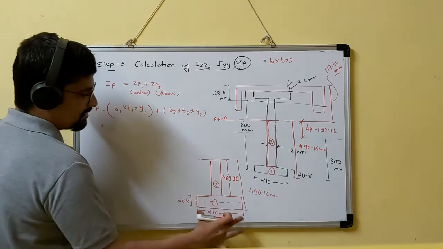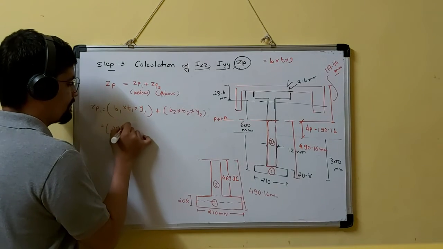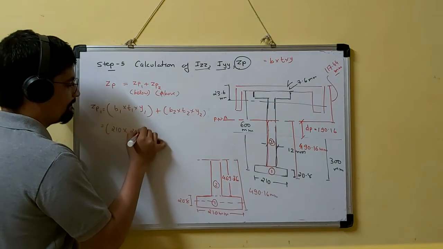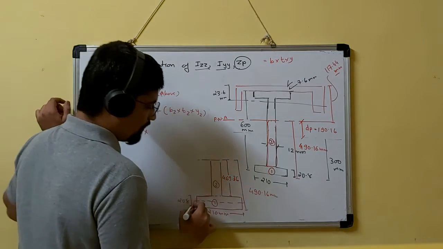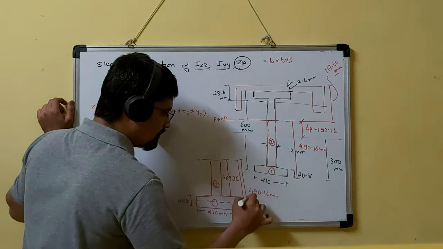B1 is the width, which is 210, into the thickness, which is 20.8, into Y1. Y1 will be from the CG distance to the PNA.